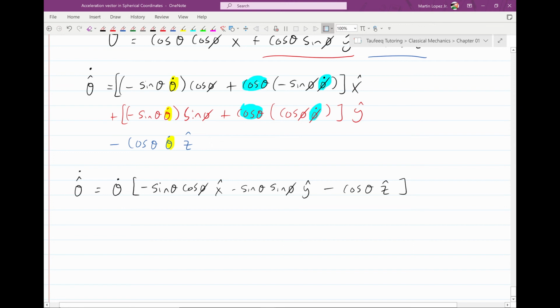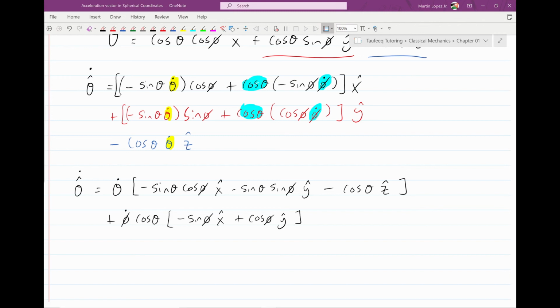Now this should look familiar. This is actually negative r hat, which is great. You can look at your r hat, you can look at this, it's just the negative of that. And let me get the other terms here. So we have plus phi dot cosine theta, and this is going to be negative sine phi x hat plus cosine phi y hat.